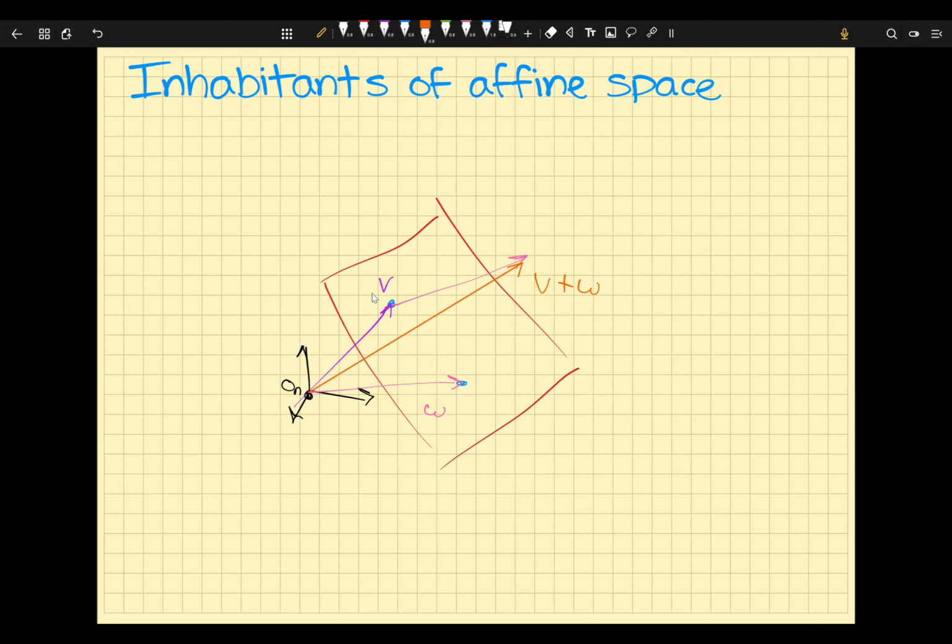Meaning in general, there's no notion of adding points in an affine subspace, because you might end up with something outside of your subspace. But what we can do is subtract points.